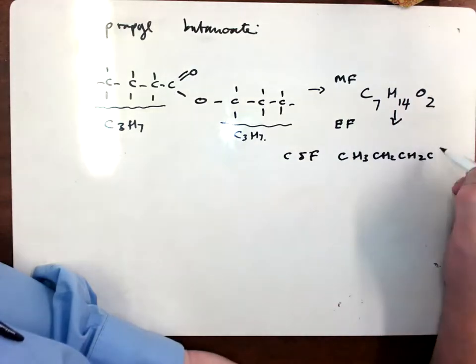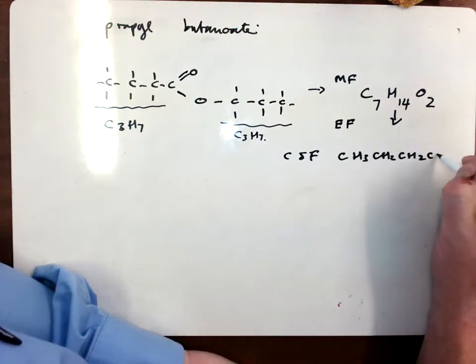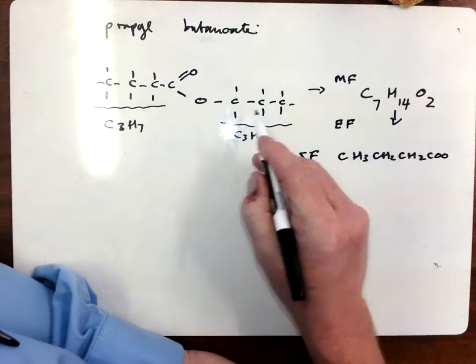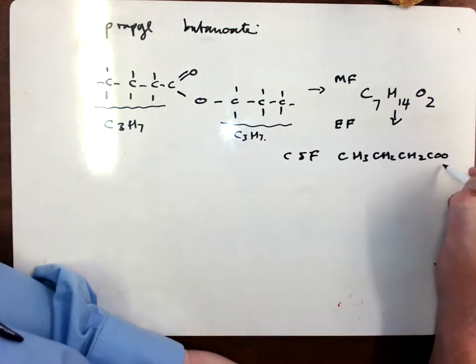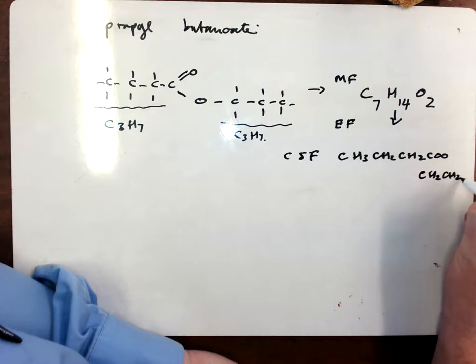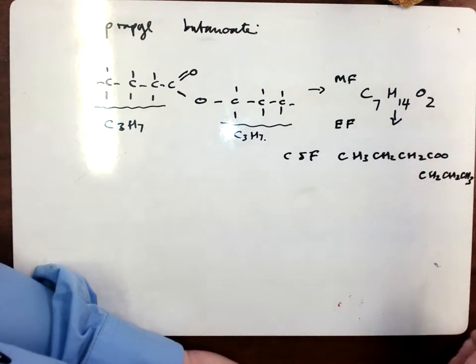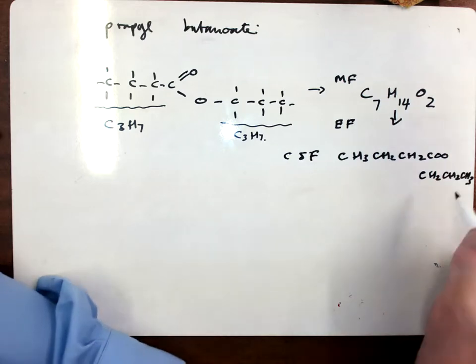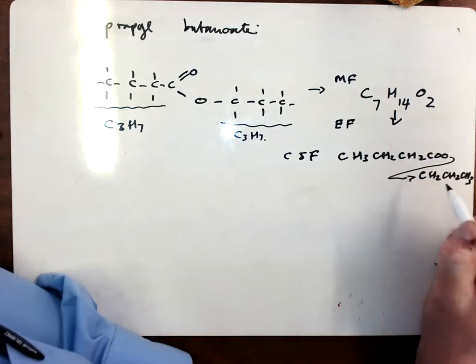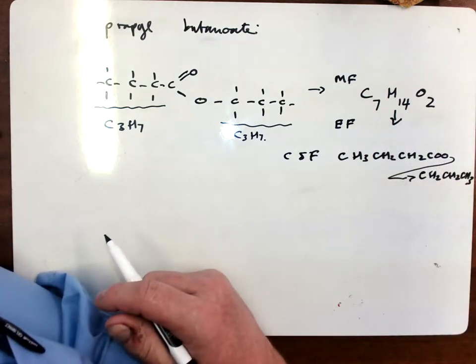Okay, so we're at that carbon, and then we go OO, and then finally, I'm going to run out of space here, so we'll just go down to here. It's a CH2, CH2, CH3 at the very end there. So that is attached to that.